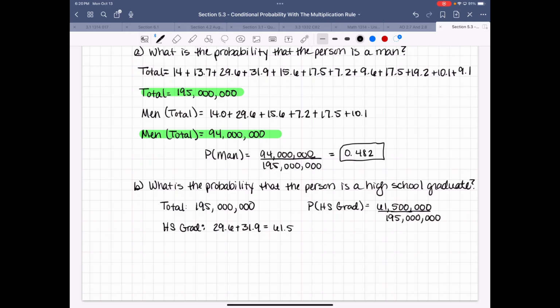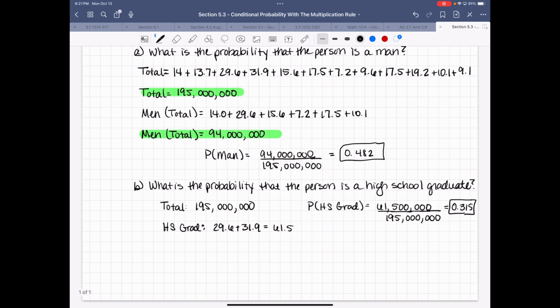You can say 61.5 divided by 195, and you will get the same decimal. That should be 0.315. So out of the people surveyed, approximately 32% are high school graduates. No college, no hours, no degrees.